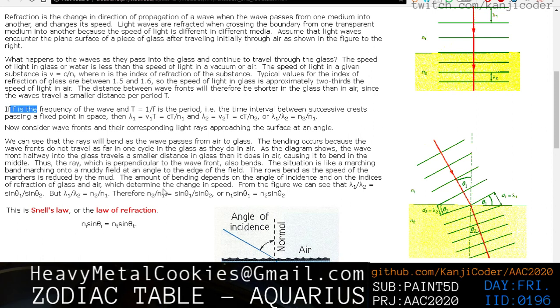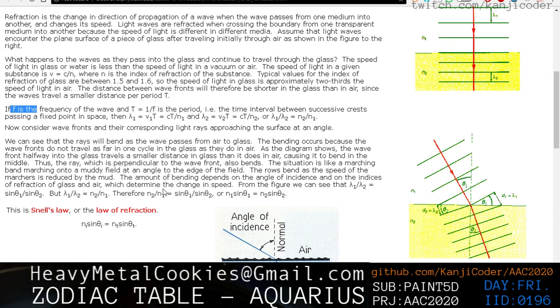Now consider the wavefronts and their corresponding light rays approaching the surface at an angle. Okay, we can see that the rays will bend as the wave passes from air to glass. The bending occurs because the wavefronts do not travel as far in one cycle in the glass as they do in air. As the diagram shows, the wave front halfway into the glass travels a smaller distance in glass than it does in the air, causing it to bend in the middle.